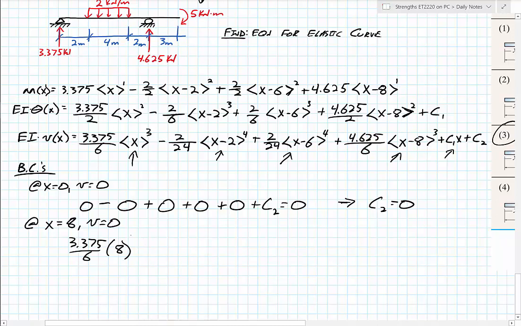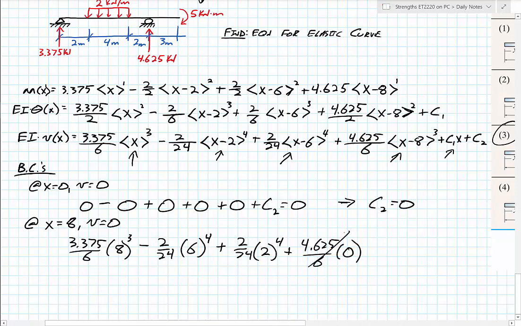Man, I'm glad I'm not in class right now, it would be costing me a bundle. Minus 2 over 24, and then 8 minus 2 is 6 to the 4th, plus 2 over 24, 8 minus 6 is 2 to the 4th, plus 4.625 over 6, but this whole thing is times 0, so really that whole thing is 0.